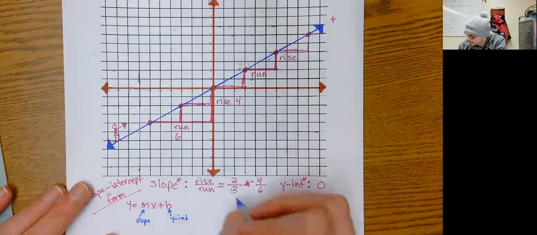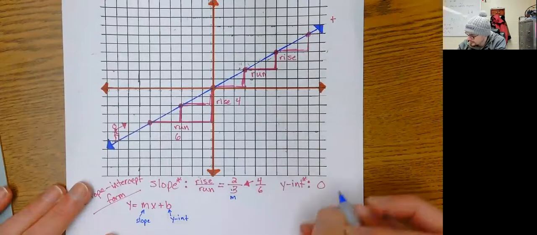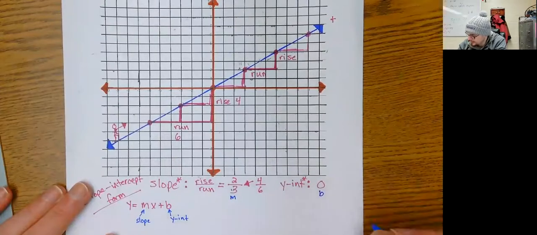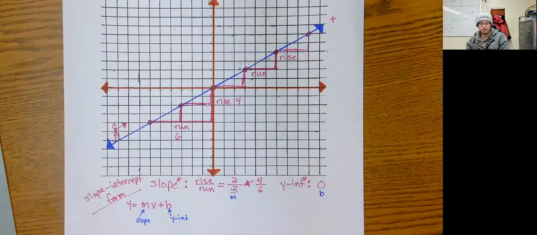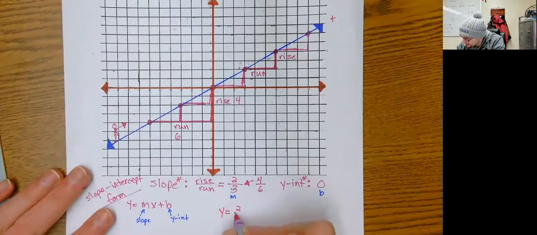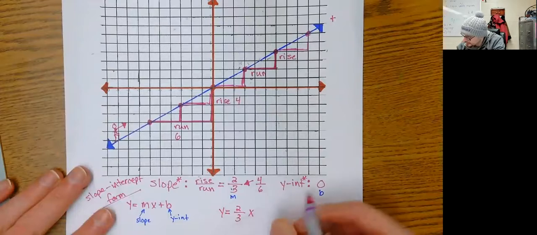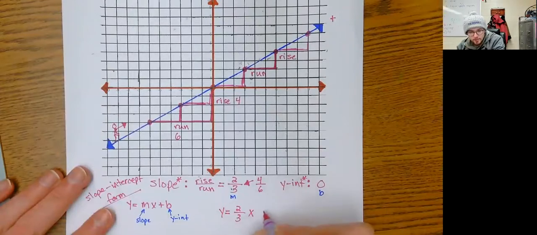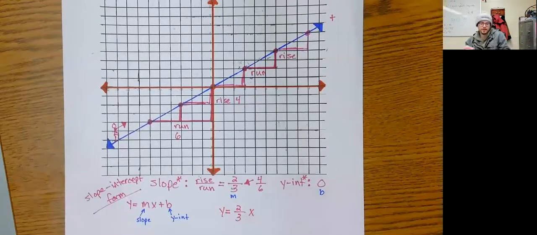Well, my slope is 2/3 and my y-intercept is 0. So you can write your equation y equals 2/3 x. And do I need to write plus 0? Do I need to add on 0? No. There's no point adding on 0. Adding on 0 does nothing.